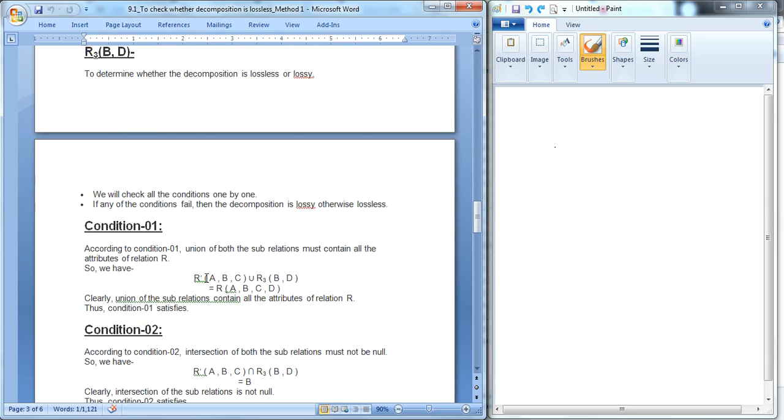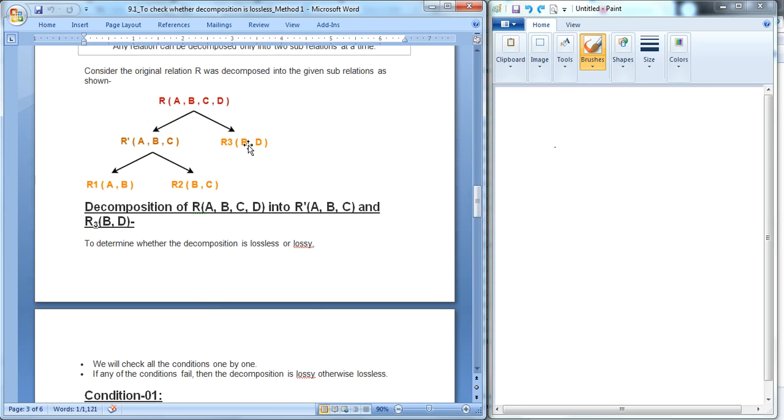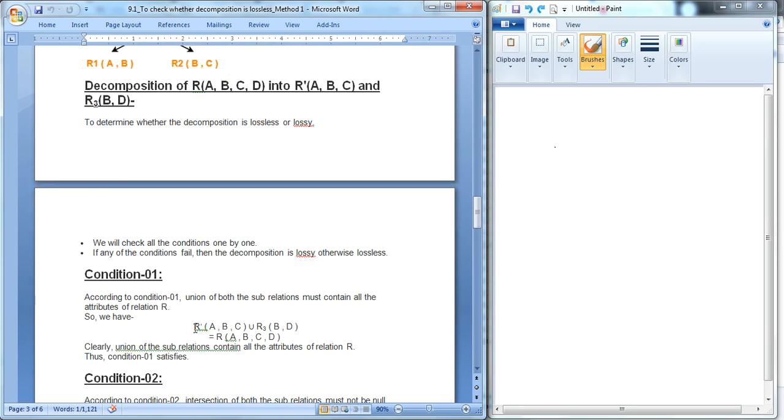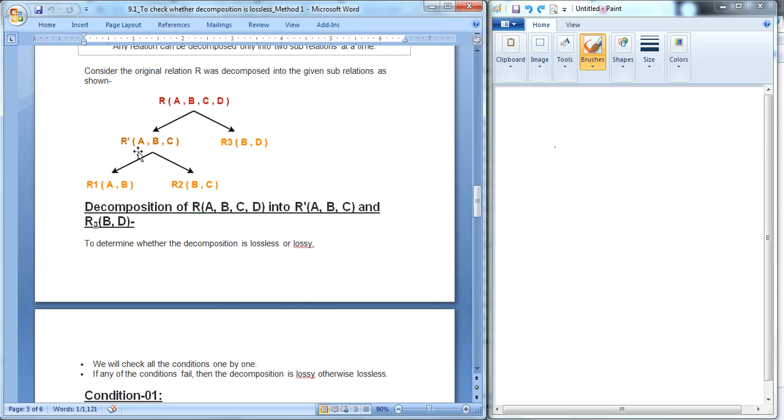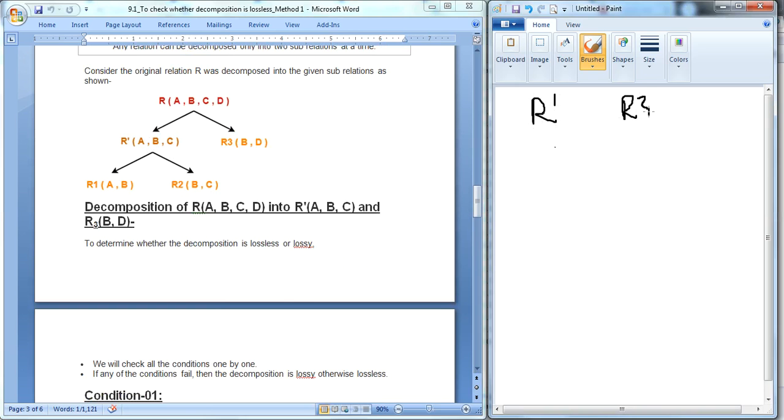First we apply the three conditions to the two relations R dash and R3, and then secondly we will check for R1 and R2, right? Now R3 is BD.